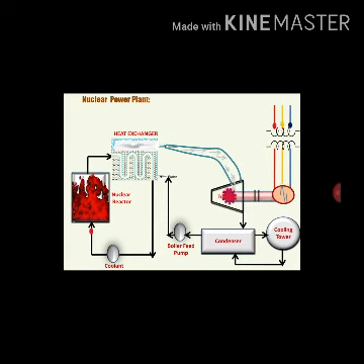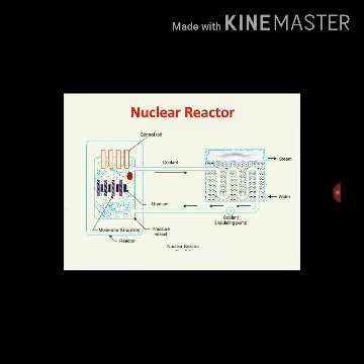So this is use of nuclear reactor. So after rotating the steam turbine, the steam goes to the condenser where it is again converted into water and sent back to the heat exchanger. So these are the basic components of nuclear power plant.